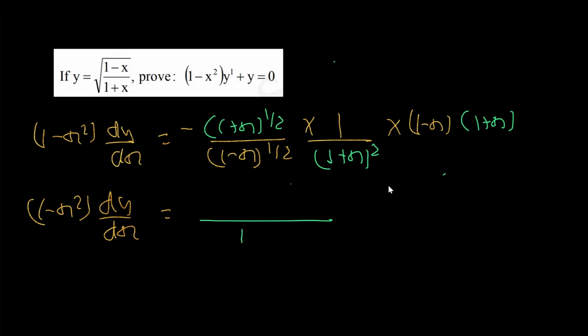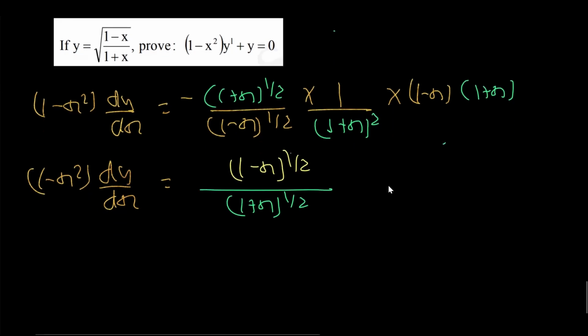It can be written as 1 plus x raised to the power half, applying the laws. And between the remaining two, writing this as 1 power, this is half power, same base divided, power subtracted. So the numerator power should be 1 minus x raised to the power half.